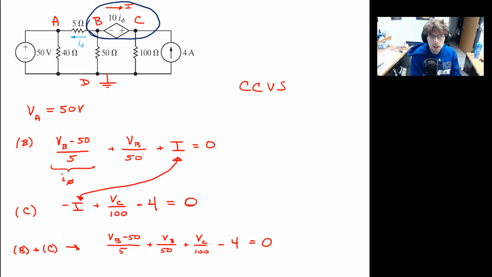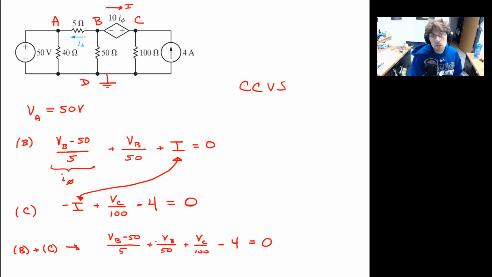We have the potential at B minus 50 over 5. That's this left branch. Then we have VB over 50. That's this bottom branch. We have VC over 100. That's the second bottom branch. And then we have that negative 4 amps going into C. So this resulting equation is as if we took nodes B and C and somehow combined them together.